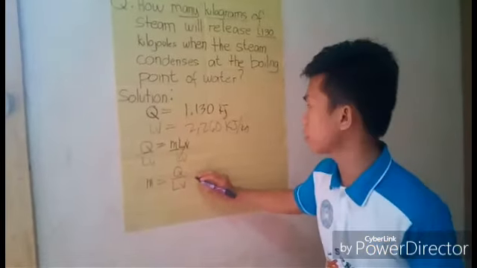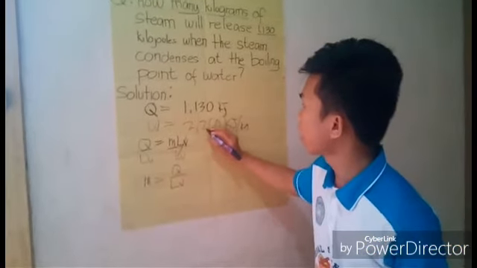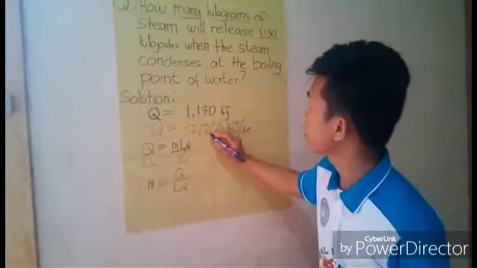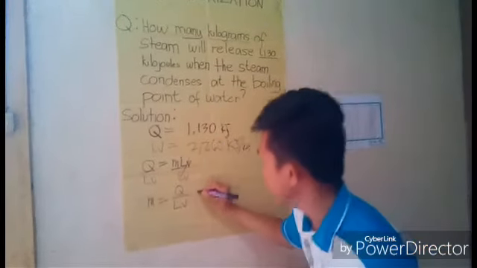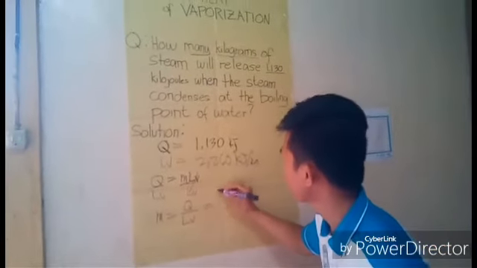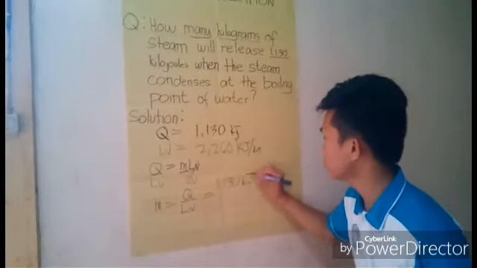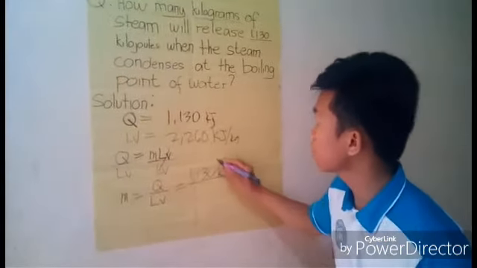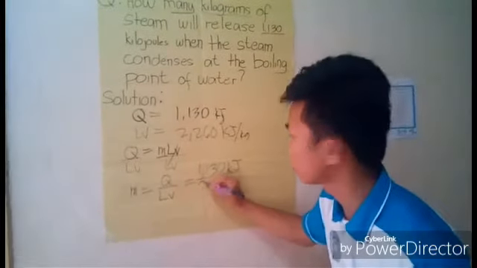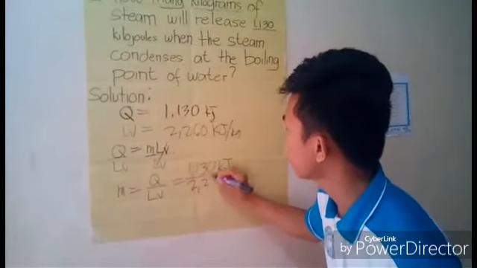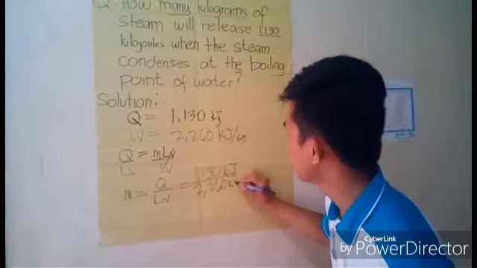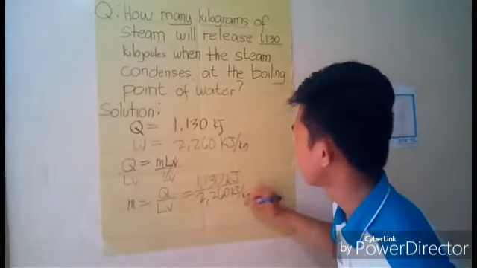Let us substitute the values found in the upper side. Q is equal to 1,130 kilojoules. The latent heat of vaporization of steam is equal to 2,260 kilojoules per kilogram.